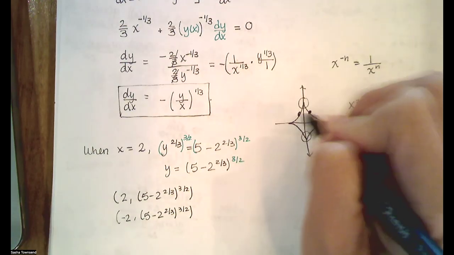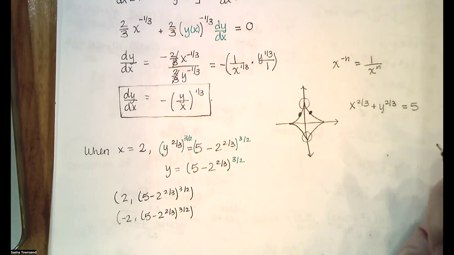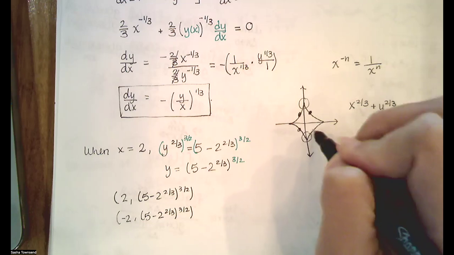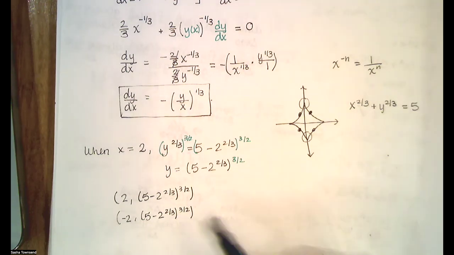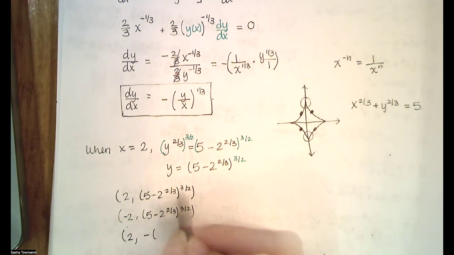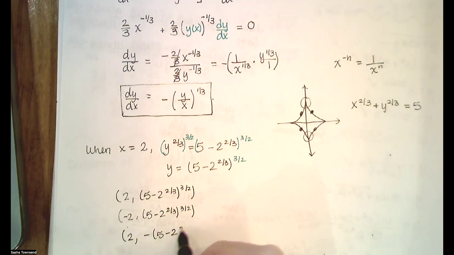Should be on the same horizontal line. And then because of symmetry, we're going to have the opposite y values and the same x values as well. So I'll just multiply that y value by negative 1.